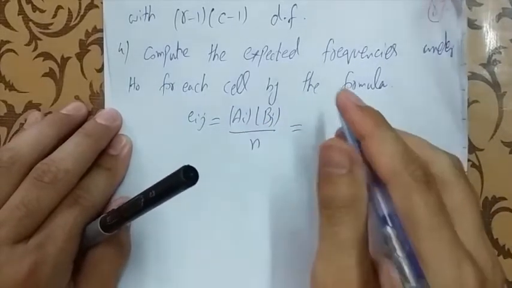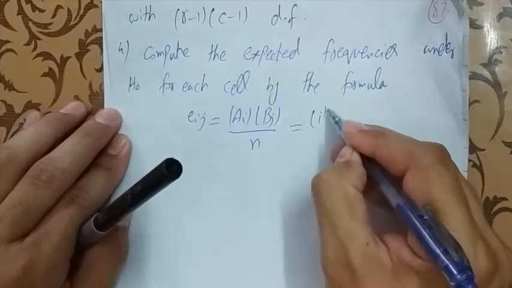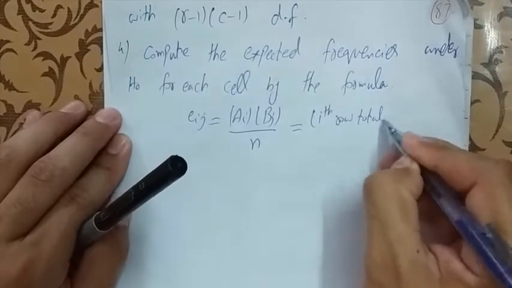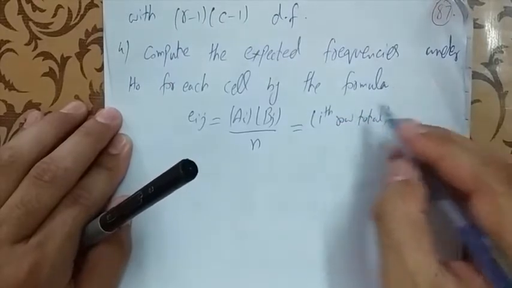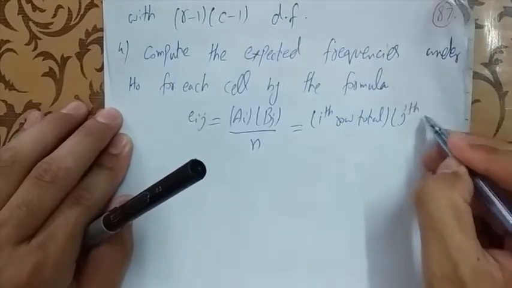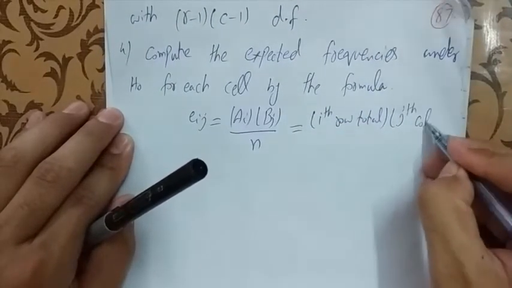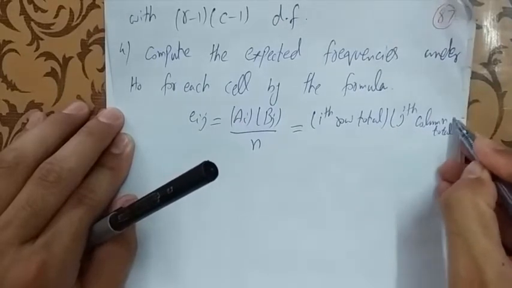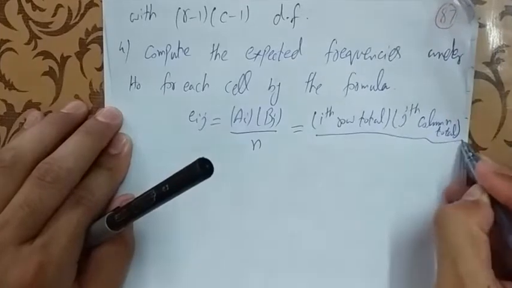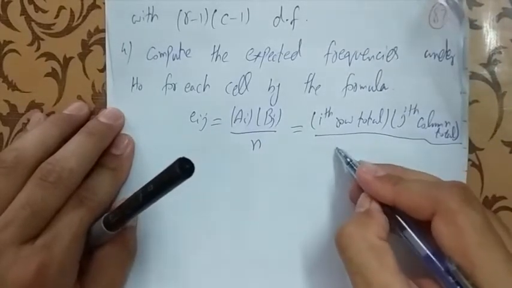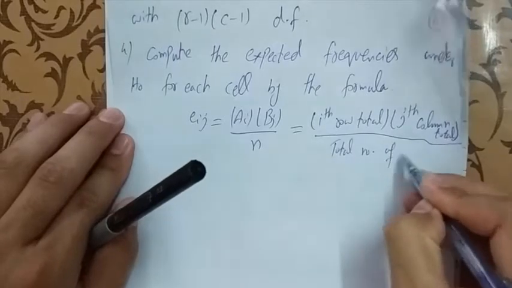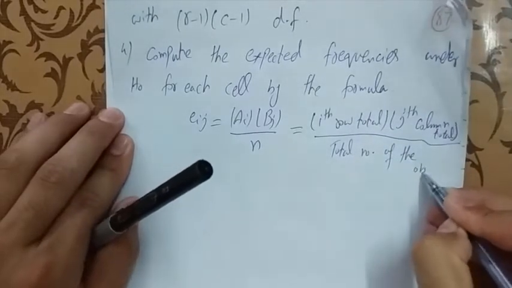Here Ai shows the ith row total and Bj shows the jth column total, divided by the total number of observations.